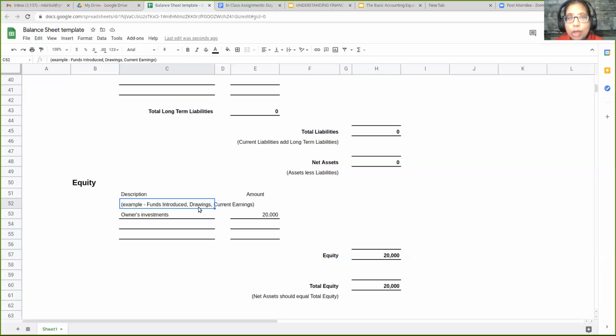Drawings is basically what the owner takes out of the business for his personal use. So he invested 20,000 into the business. Well, let us assume that he took out $5,000 to pay for a personal item.